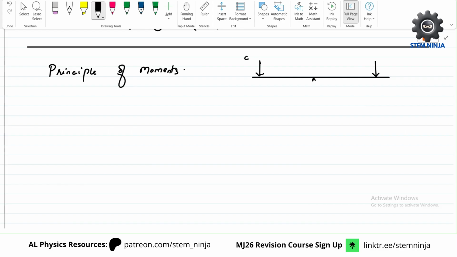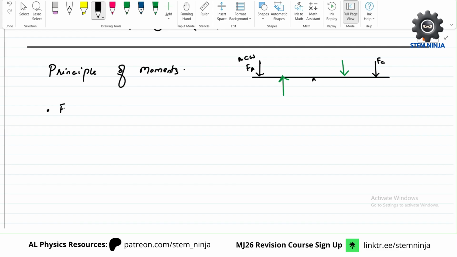So this force is causing anti-clockwise rotation, let's call it FA, and this is FC causing clockwise rotation. Whatever their distances from the pivot are, doesn't matter, we could have more forces over here. If the total sum of moments is zero, the body will be in rotational equilibrium.